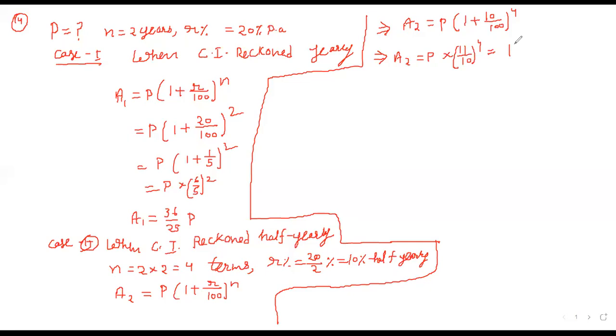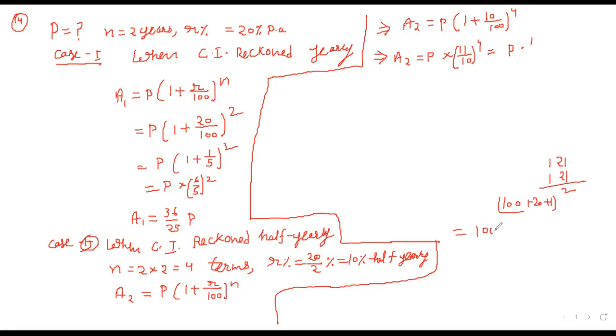So 11 to the power 4 is, can you find it? 11 square we know is 121. So 121 into 121 we have to find. That is 100 plus 20 plus 1 whole square.